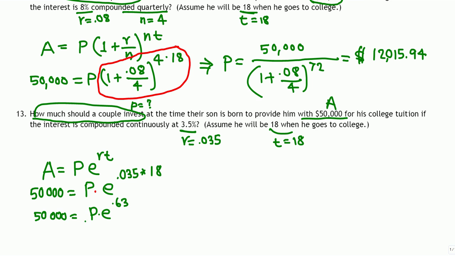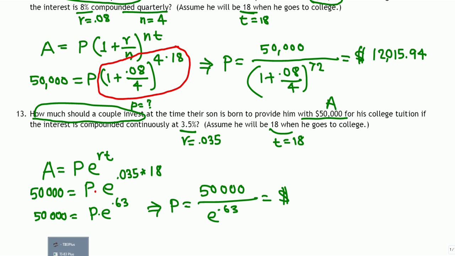Now to isolate P, we divide both sides by e raised to 0.63. So P equals 50,000 divided by e raised to 0.63, and that will be the principal amount.